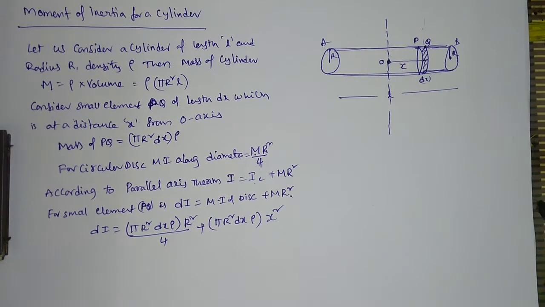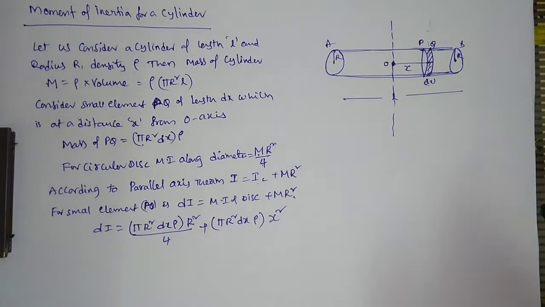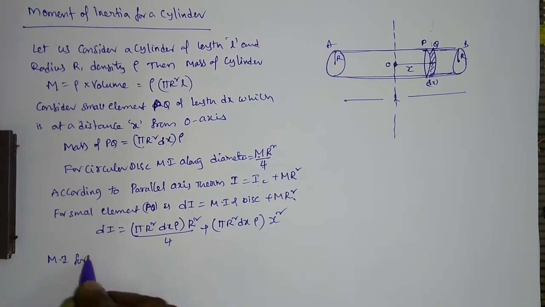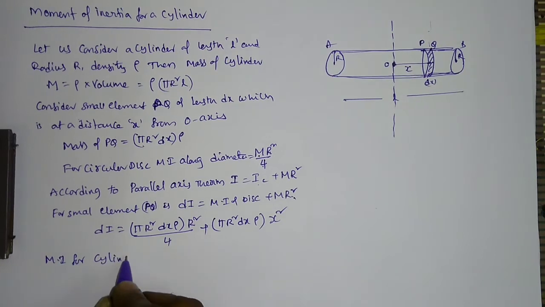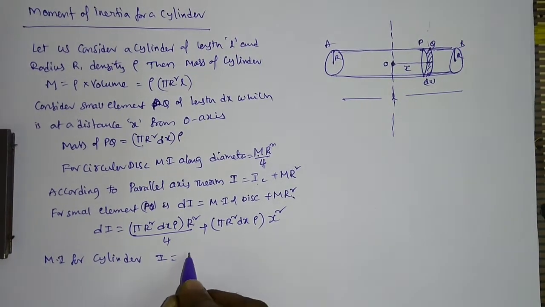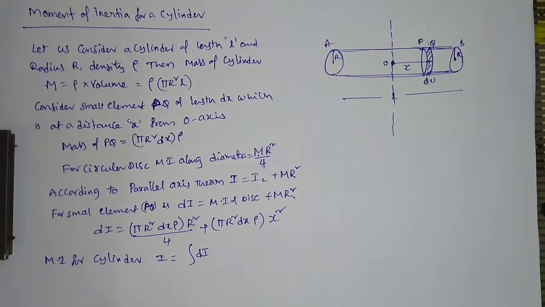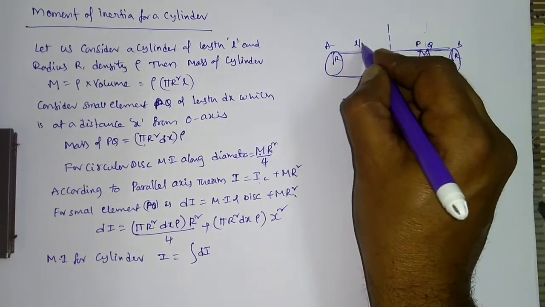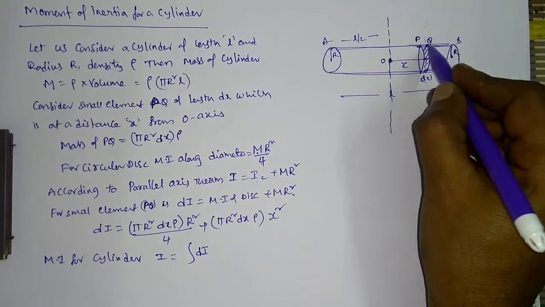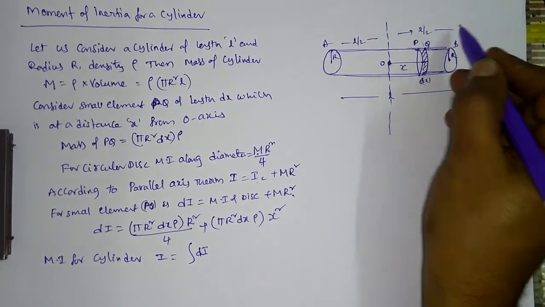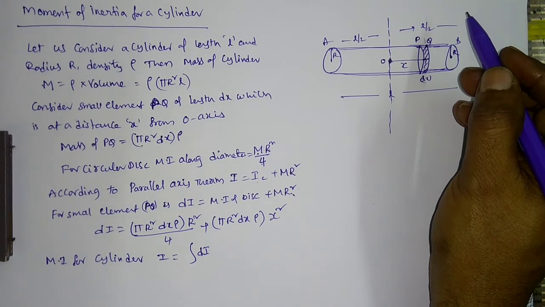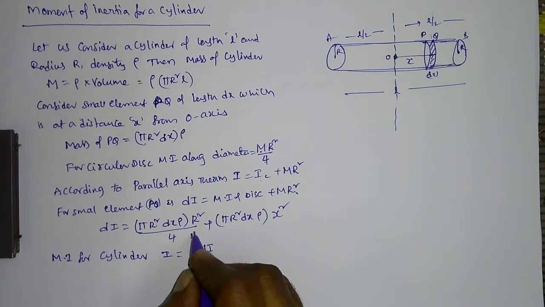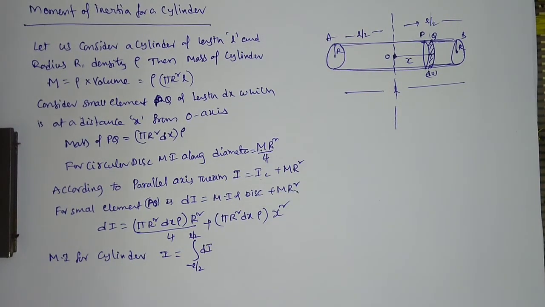For the total cylinder, the moment of inertia I is equal to the integration of dI. As we know, the total length is L, so the left side limit is L by 2 from the center, and the right side limit is L by 2. That means the limits will be minus L by 2 to plus L by 2. Got it?